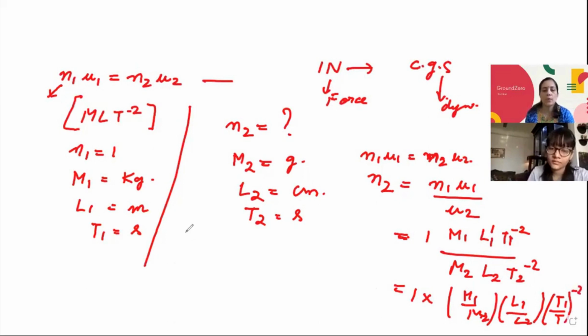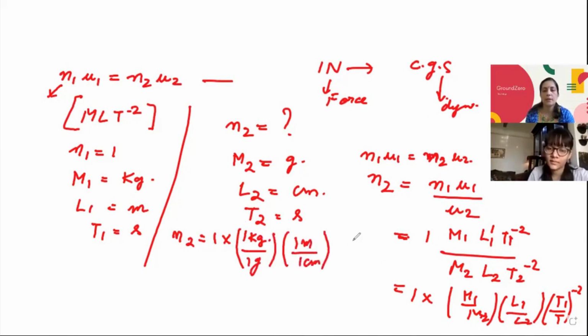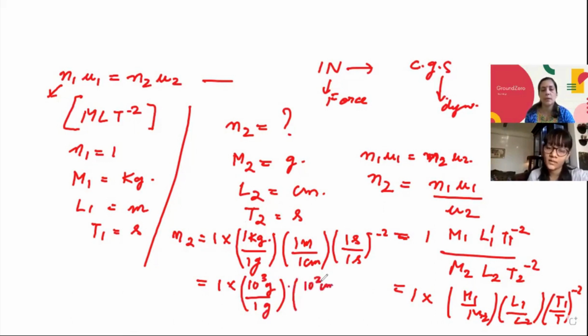Now we have to calculate the value of n2. So 1 into, M1 you know is 1 kg upon 1 gram, then 1 meter upon 1 centimeter, then 1 second upon 1 second, to the power minus 2.